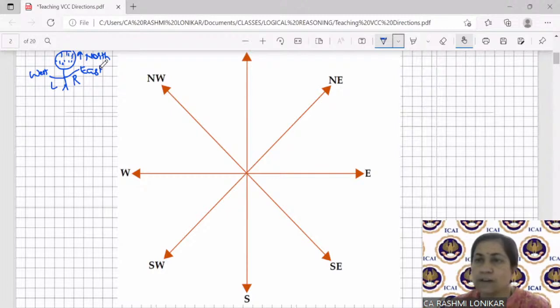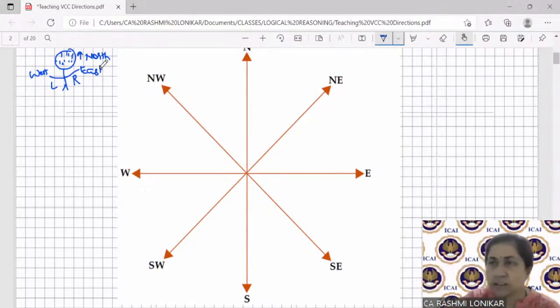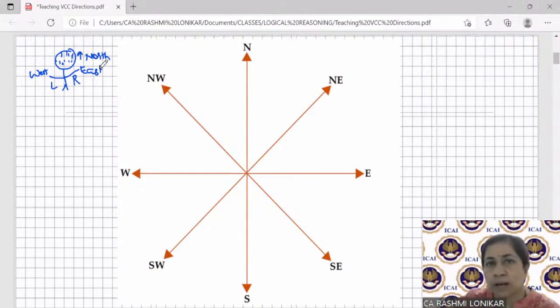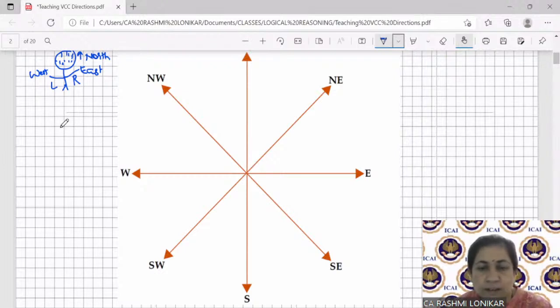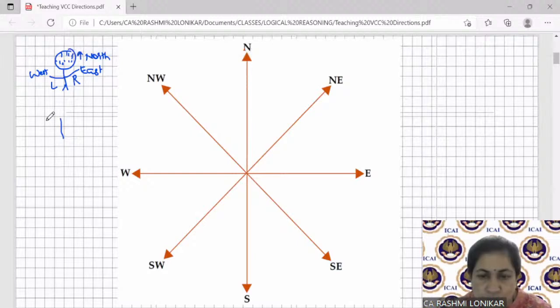So when I'm sitting like this, if north is in front of me, my right hand is going to be in the east and my left hand is going to be in the west. Now suppose they say that a person is traveling towards the north, then he moves to the west. North means he's traveling upwards and west means he's traveling to the left hand side. So left and west you should know.